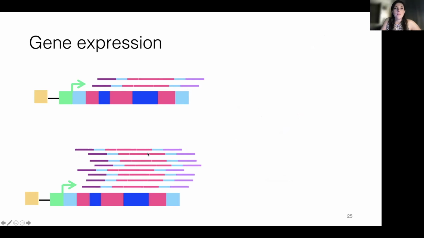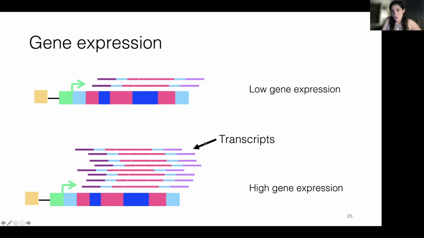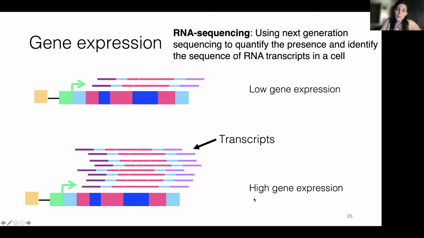And you can see that in this example, there's fewer RNA molecules, so we would say it's less expressed. These are transcripts. And then here there's more transcripts, and so higher gene expression. RNA sequencing is a really nice method using next generation sequencing technology to quantify how many transcripts exist and to identify the sequence of those RNA transcripts in a cell.